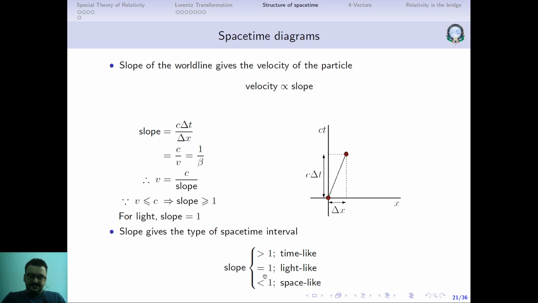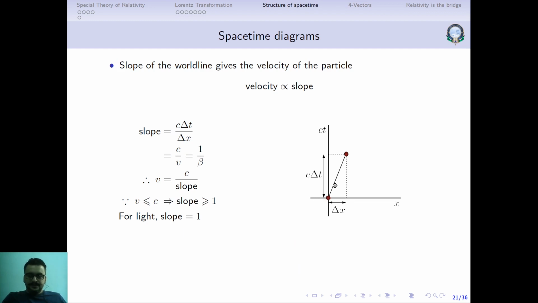That is obvious because the slope is equal to 1 for light. If the slope is less than 1, that is known as a space-like interval. If we consider one point here and the next point over here, the slope in this case will be 0, which is less than 1. So this is a space-like interval. Here we need to keep in mind that only those intervals which are time-like have a causal connection.